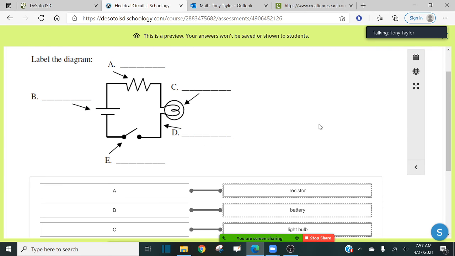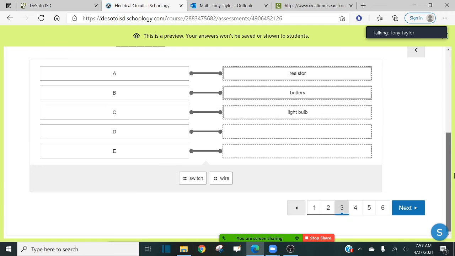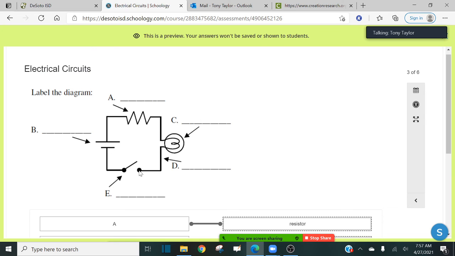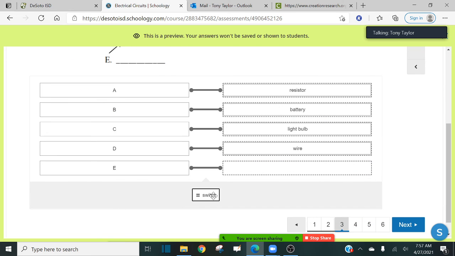If you look at D, it is pointing to the wire itself. So D is the wire. Okay. And you notice E points to a switch. Remember, a switch is the location where we're able to close and open the circuit, right? It can be open and close, open and close. So E is the location of a switch. Okay.